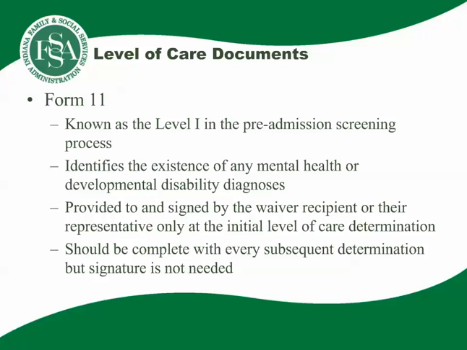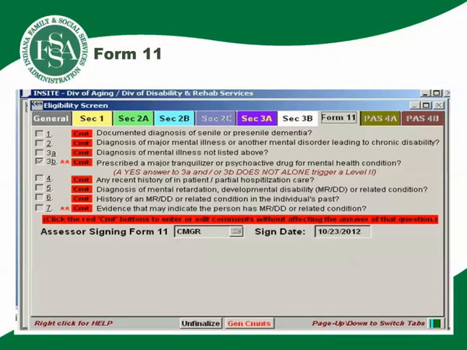They'll need to allow time for that level 2 assessment to take place before they could be admitted to a nursing facility. So sometimes that takes some special explaining when you first present those documents to a waiver recipient at that initial determination. So just be sensitive of that.